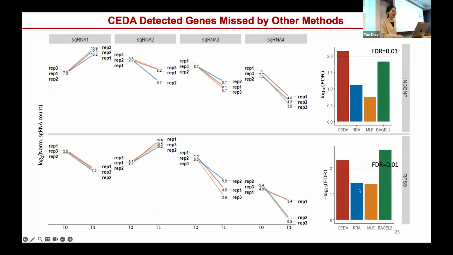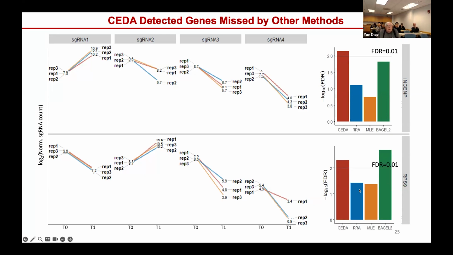And to further understand the difference produced by this method, we look into 2 specific cases, 2 essential genes that are only selected by CEDA but missed by most of the other methods. And I plot the guide RNA change at T0 and T1. We can see they are not 100% consistent because, for example, this guide RNA shows a different trend compared to the other 3 guide RNAs.